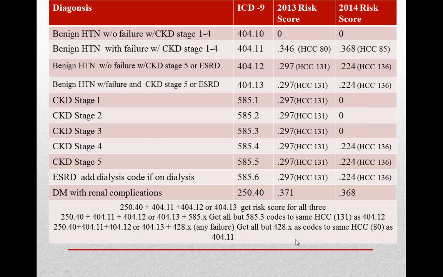You get all but the 428 codes because they all go to the same HCC. So basically, you want to put all these codes in, and you're going to get some credits for the highest HCC category. But unless you know them off by heart, you always want to put all these codes in, especially if you document it.